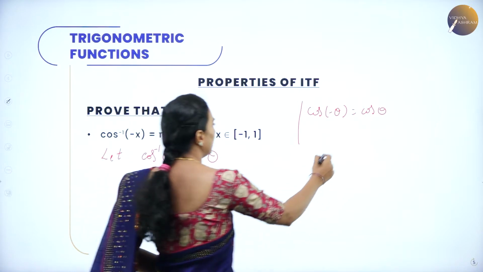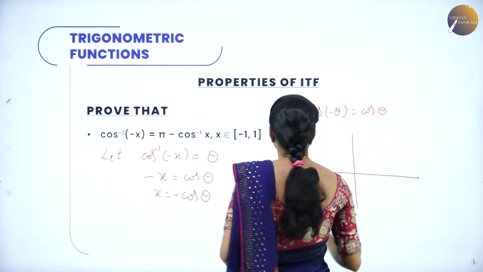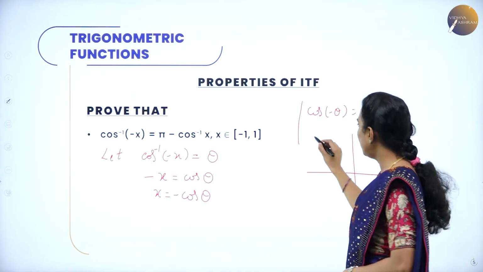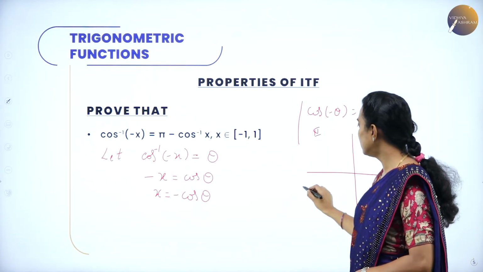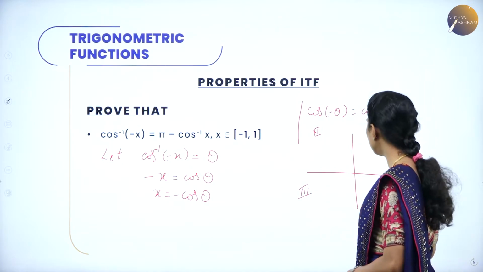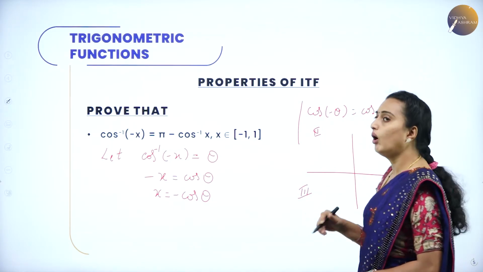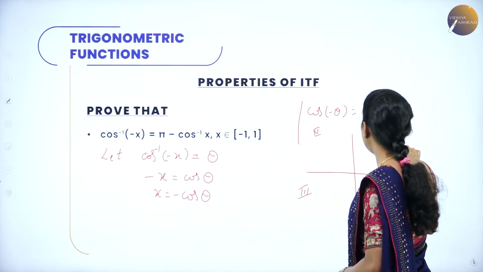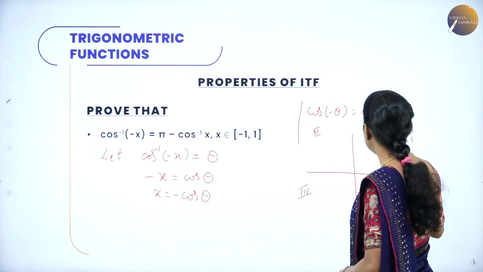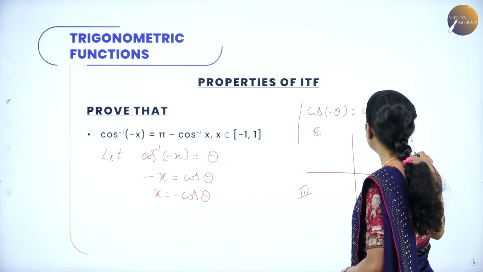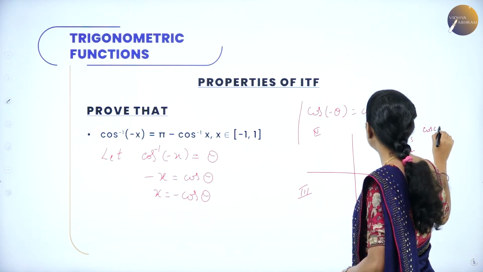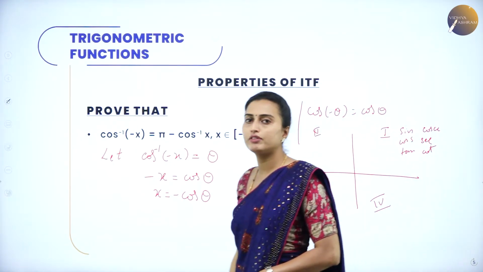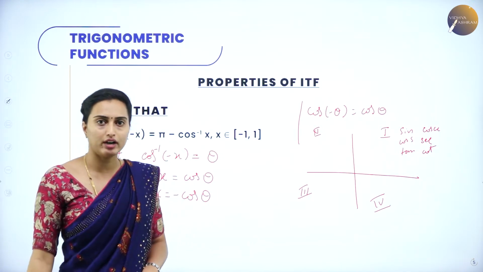You can observe here. This is the first quadrant, then the second quadrant, third quadrant, fourth quadrant. Now here, all the trigonometric functions, that means sine, cos, tan, cosecant, secant, cot, are positive in the first quadrant, isn't it?